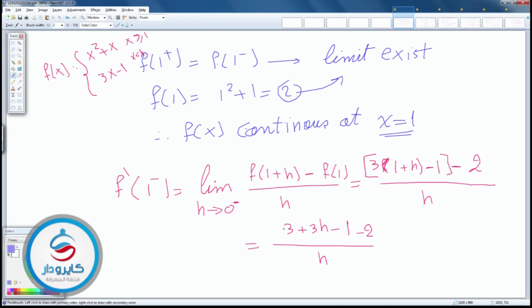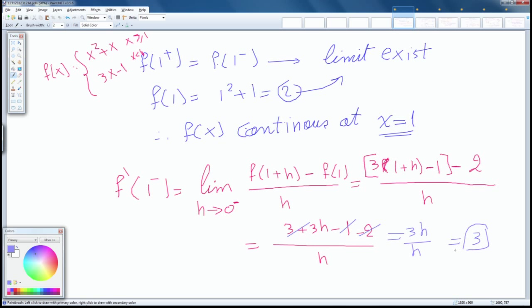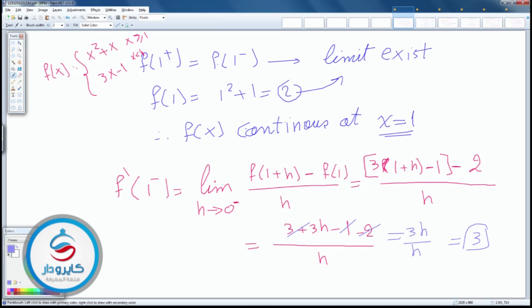Now 3 minus 1 is 2, minus 2 cancels out, so 3h over h will be 3. Then the derivative from the left equals 3.